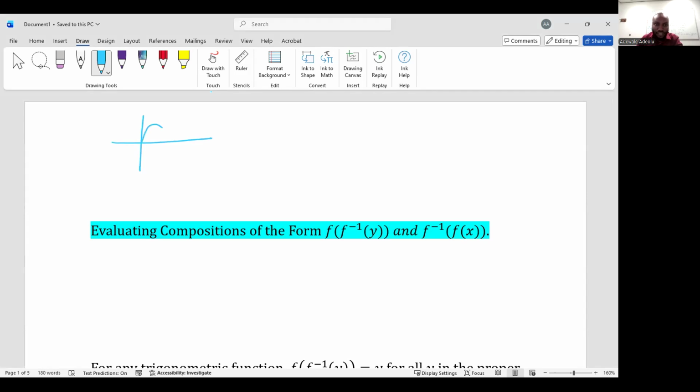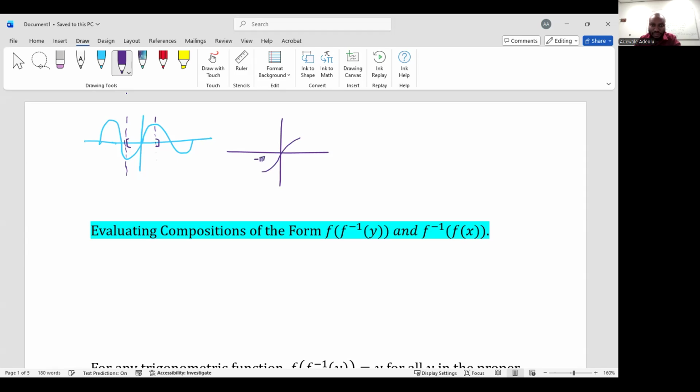For example, if we have the sine graph, we can extend this here. So we can consider this domain. That is, we restrict it to this interval, and we have something that will allow us to find the inverse of a sine function.